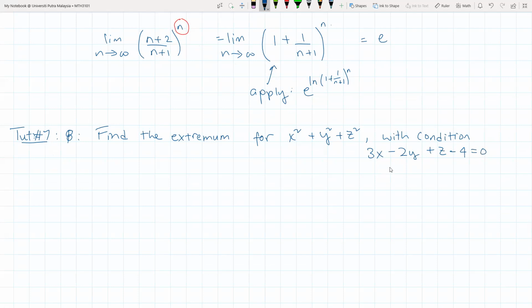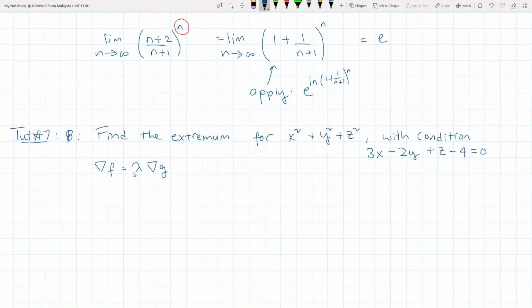In a question like this, we usually use the Lagrange multiplier. What does it say? If you have the gradient of f, it is the same as some constant times the gradient of the condition.